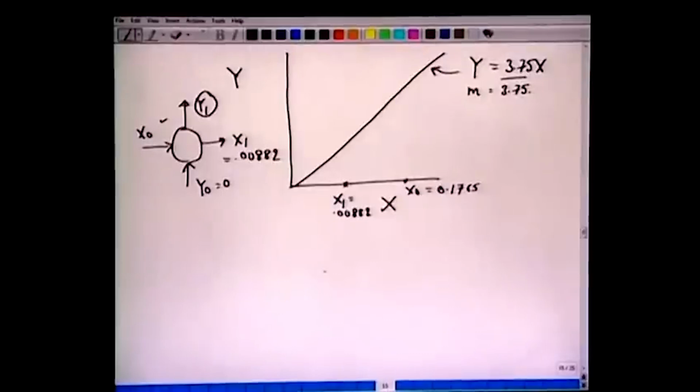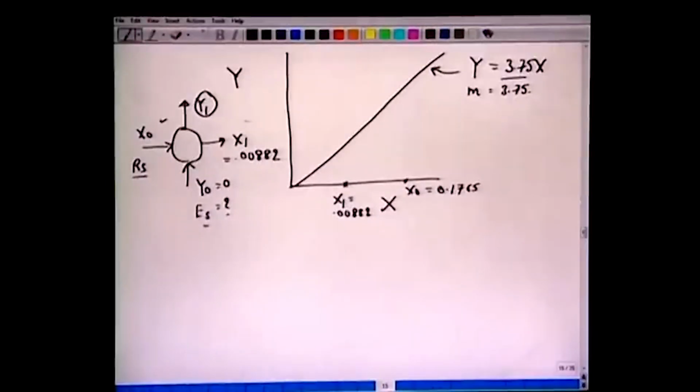Now, there are two ways to get the same result. We know the flow rate Rs, but we do not know this flow rate Es. If we know Es, we can obtain y1. If we know y1, we can obtain this Es.